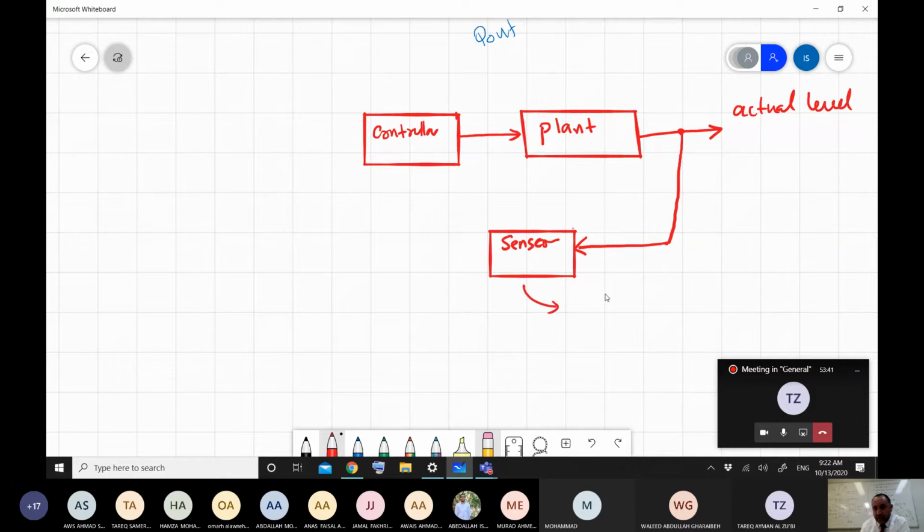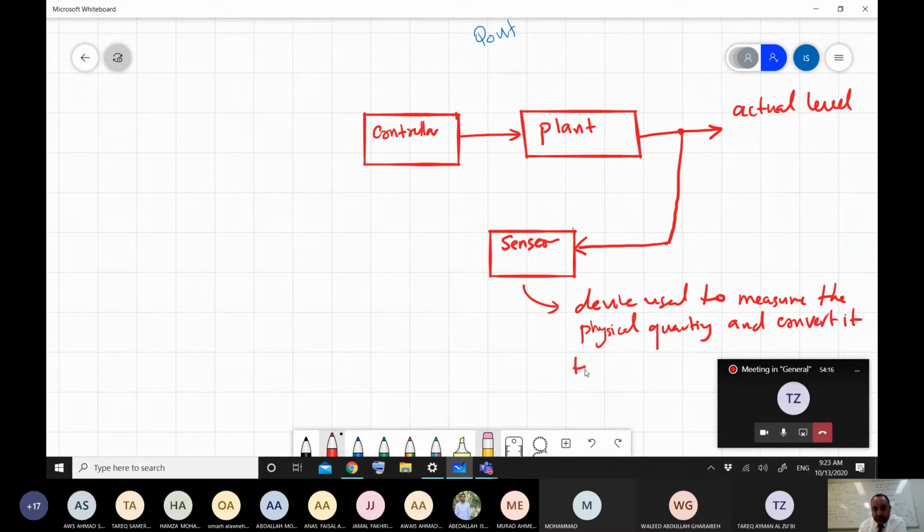A device used to measure the physical quantity, or the process, and convert it to another form useful for controlling.